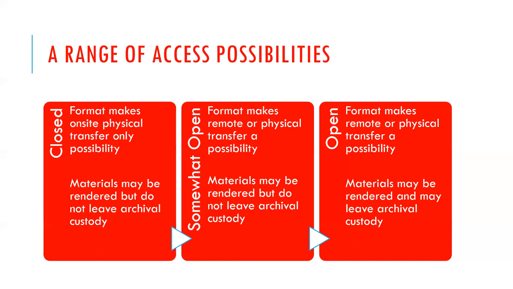Okay, and then you have a more open type of access. So this is where, again, the format makes remote or physical transfer a possibility, and the materials may be rendered and may leave archival custody. So these will be records that have been digitized, and they can be accessed from home, and people can download them and use them to their heart's content.